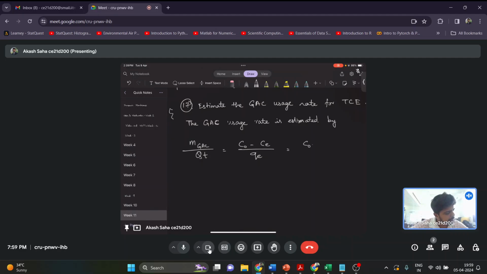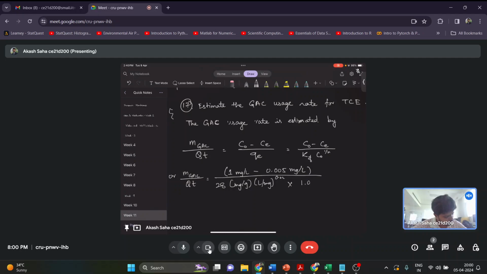So we can write it as per the adsorption isotherm, KF C naught to the power 1 by N. So M GAC by QT is given as, if you substitute the values, we have C naught as 1 milligram per liter minus 0.005 milligram per liter, then 28 milligram per gram into 1.0 milligram per liter to the power 0.62.